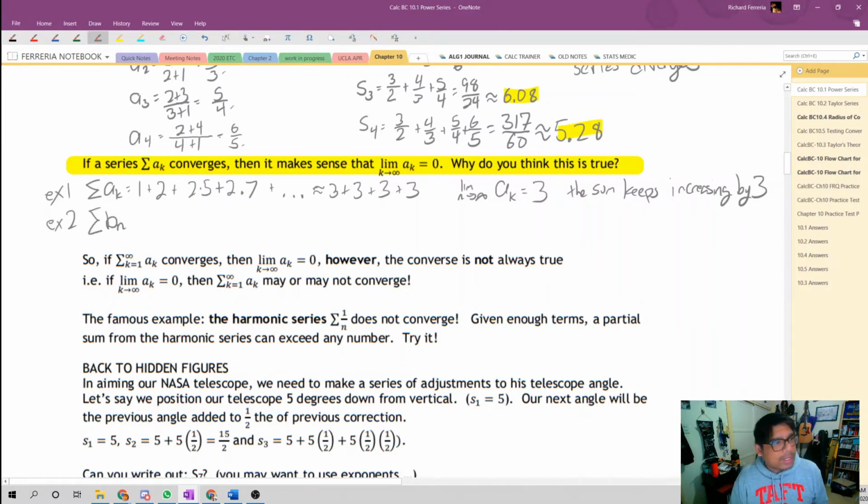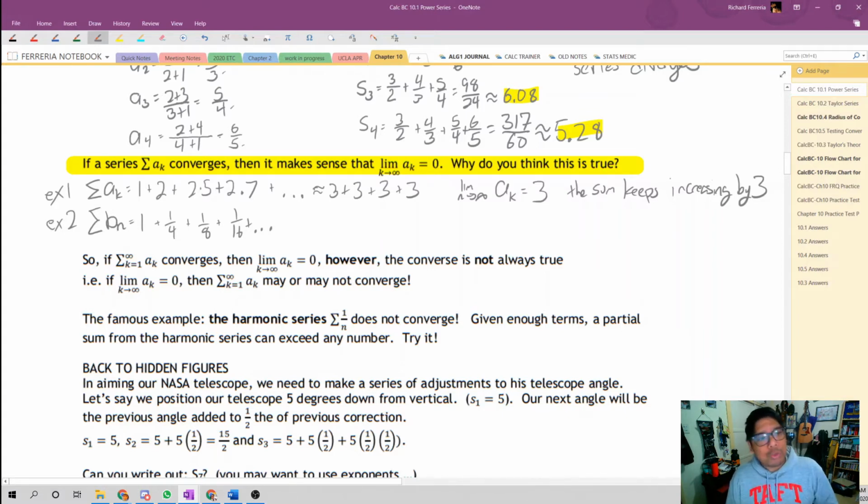But let's take a look at this sum B_n. And let's say that these terms do approach 0. So we're going to start with 1, and then we'll go to 1/4, and then we'll go to 1/8, and then we'll go to 1/16, et cetera.